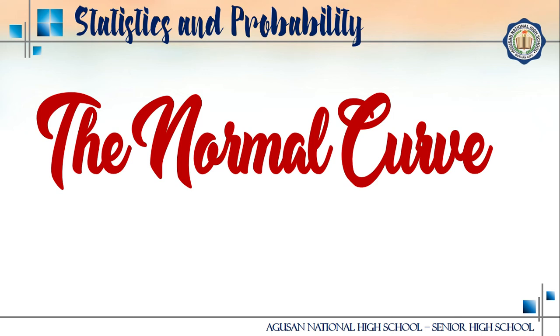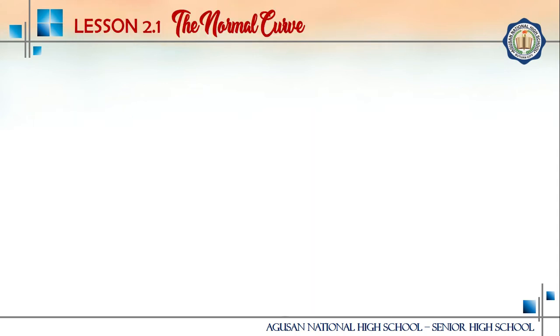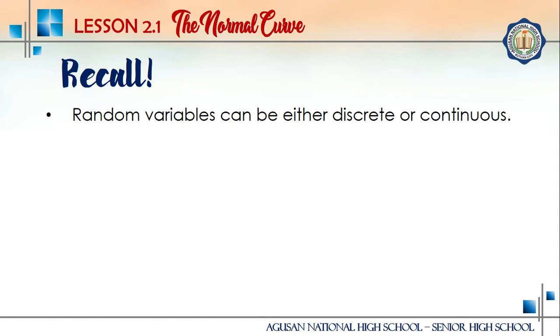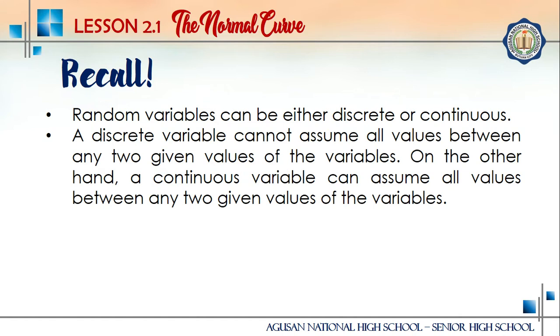Hi guys! In this video, I will discuss the normal curve. To recall, random variable has two classifications, discrete and continuous. The difference between the two: a discrete variable cannot assume all values between any two given values of the variables, meaning to say, it is finite or countable.